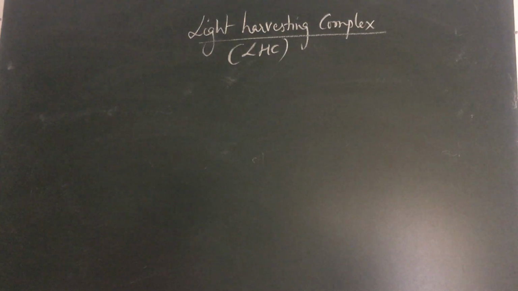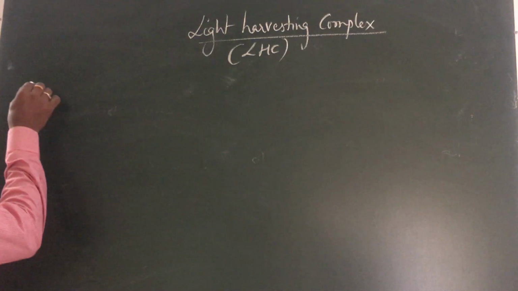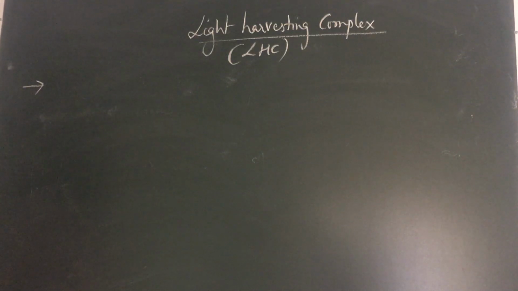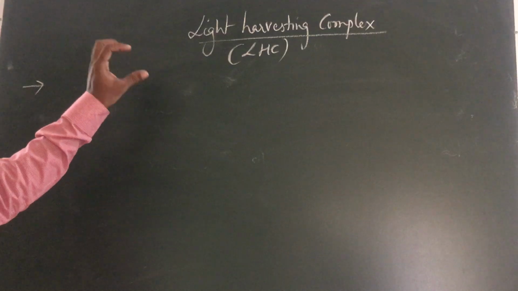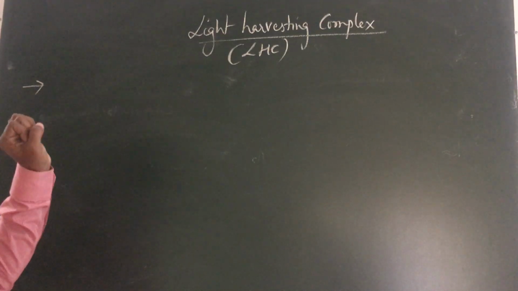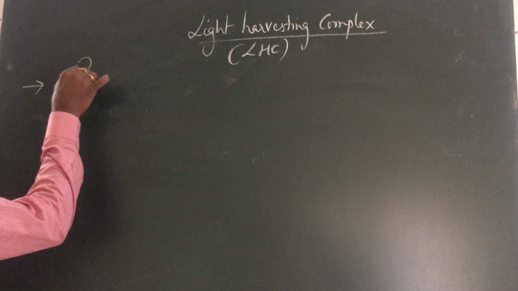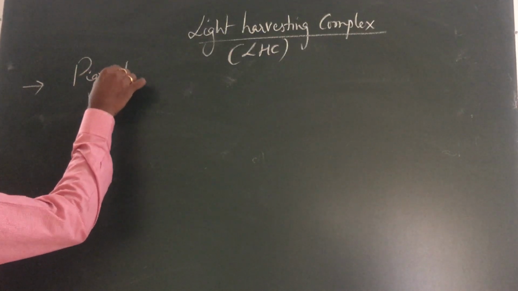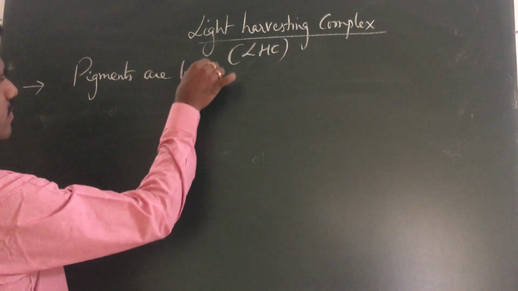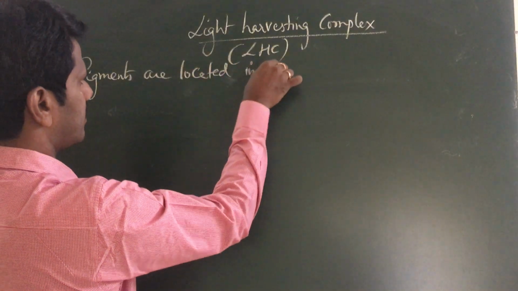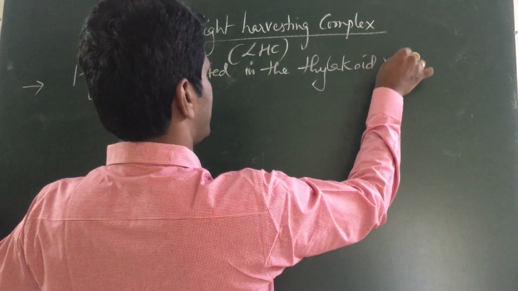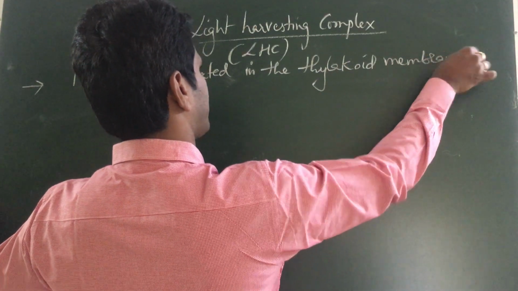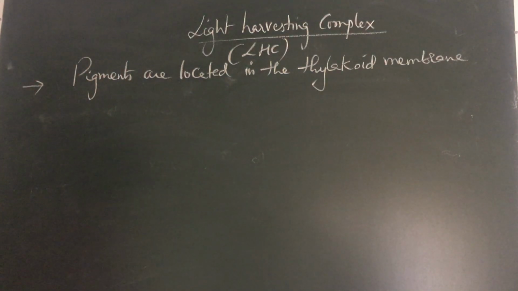What is this light harvesting complex? This complex contains the photosystems, because generally where are the pigments located? Pigments are located in the thylakoid membrane.